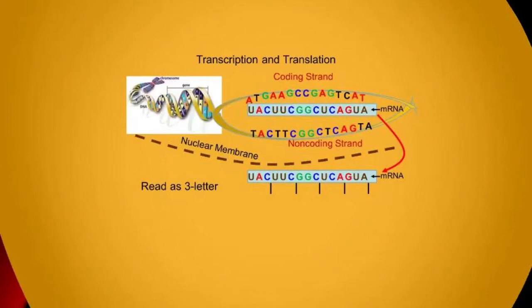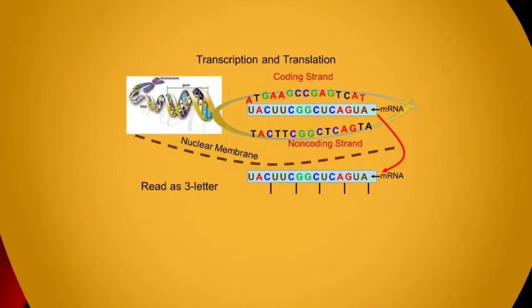Once the introns are removed, we now refer to this as messenger RNA, which moves out of the nucleus through the nuclear pore and attaches to a ribosome in the cytoplasm. And ribosomes, as you know, are the site for protein synthesis.